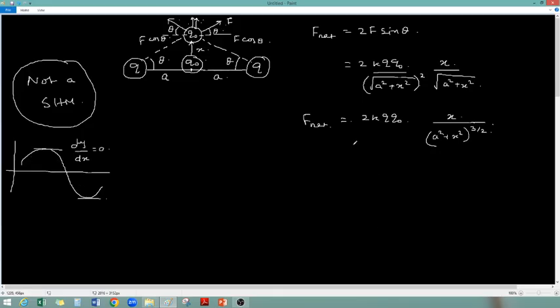Here the force should be maximum, and x is the variable, this distance x. So dF by dx should be equal to 0. This is a constant, so I'm just going to leave it as such. I'm not going to disturb this.